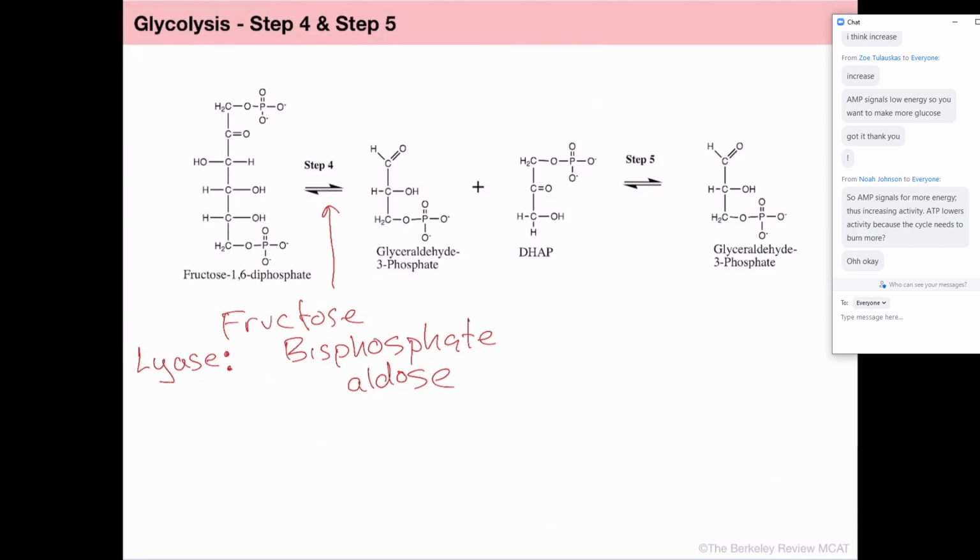This step takes a C6 and turns it into two 3-carbon molecules. The 6-carbon molecule splits into glyceraldehyde 3-phosphate and DHAP.